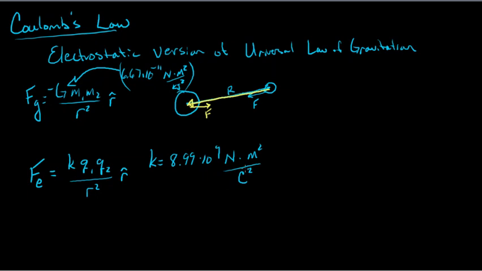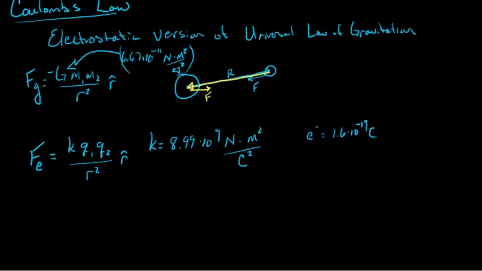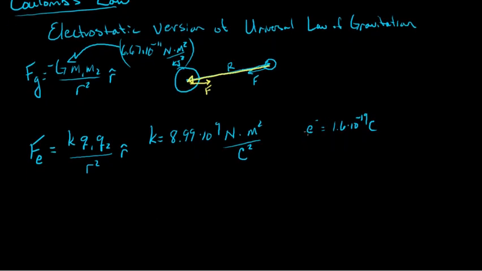An electron has a charge of 1.6 times 10 to the negative 19th coulombs. So when charged particles have exchanged just a few electrons, we're dealing with a really small charge, but the force between them is still pretty large.